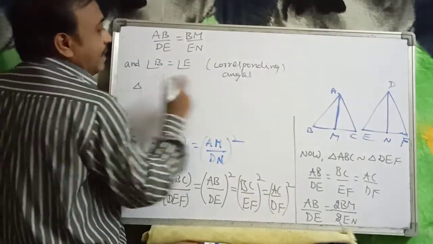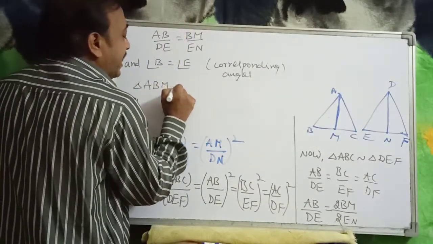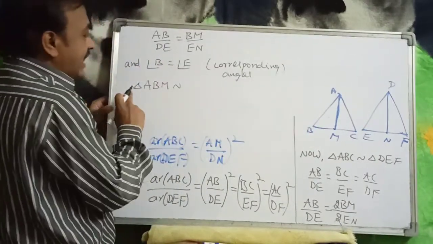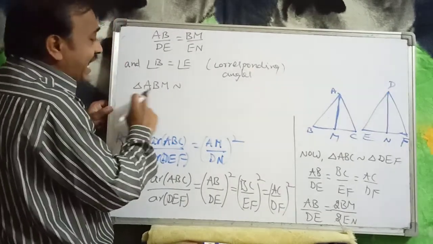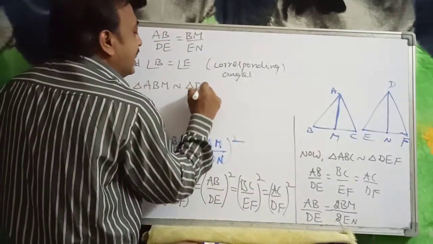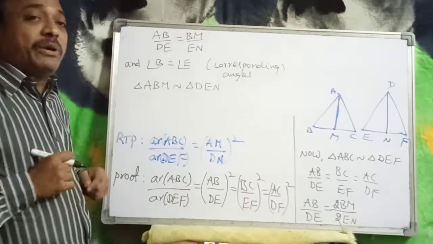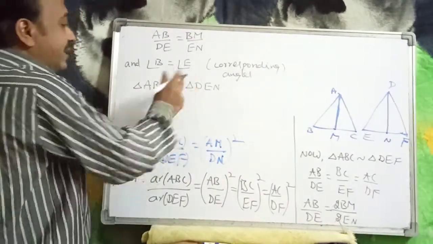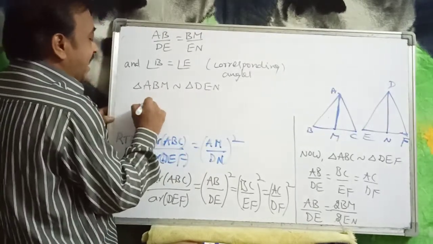So triangle ABM is similar to triangle DEN. Once the triangles are similar, their corresponding sides will be in proportion. So what are the corresponding sides?